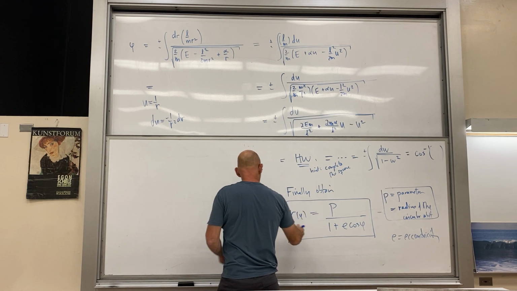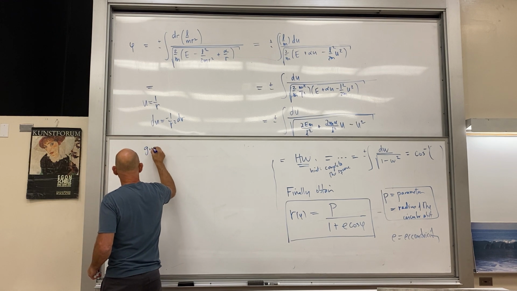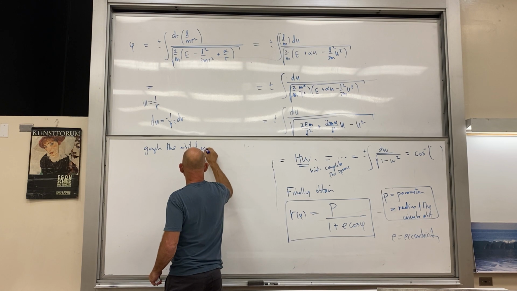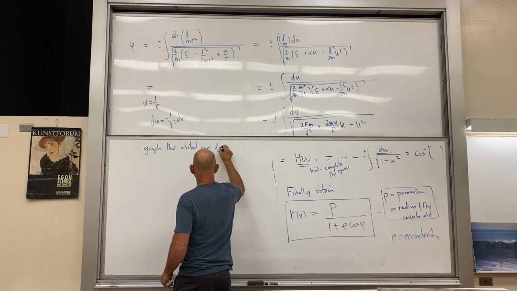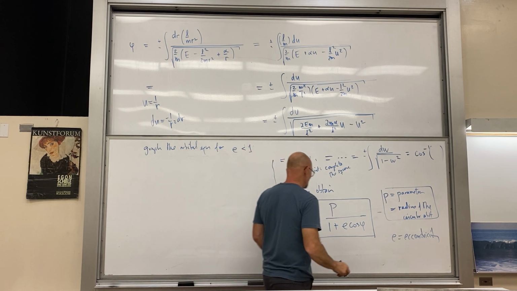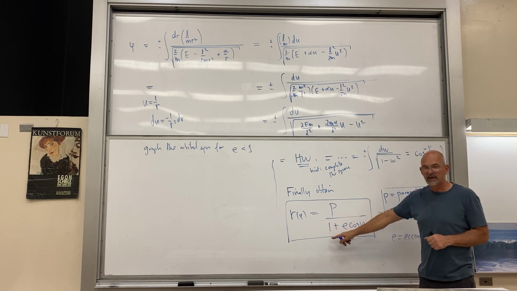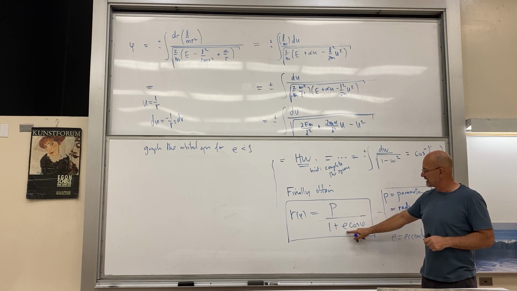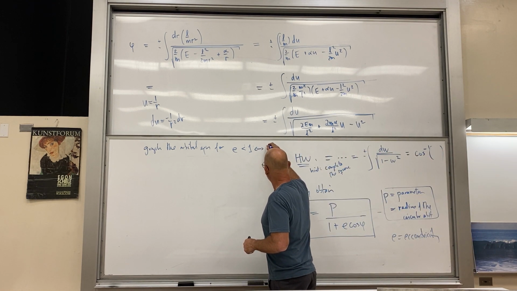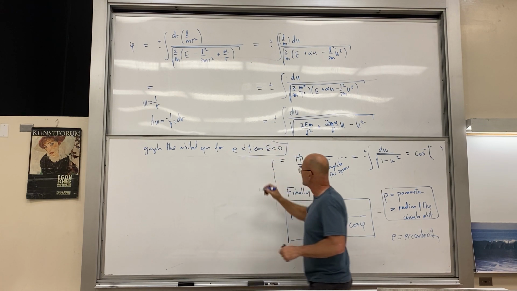So there's our equation, and we want to graph the orbital equation for e less than 1, right? If the eccentricity is greater than 1, you're going to get the denominator to vanish and you'll have those unbounded orbits. So e less than 1 corresponds to energy less than 0. Okay, that's an important point.